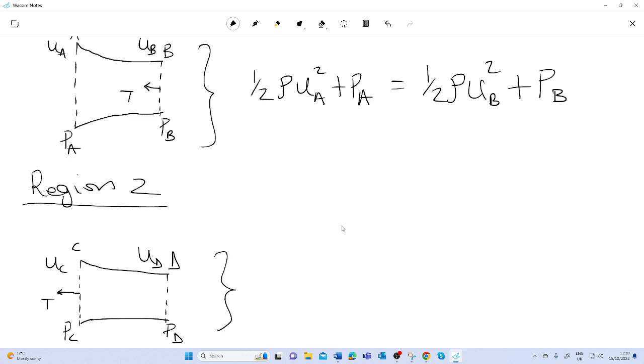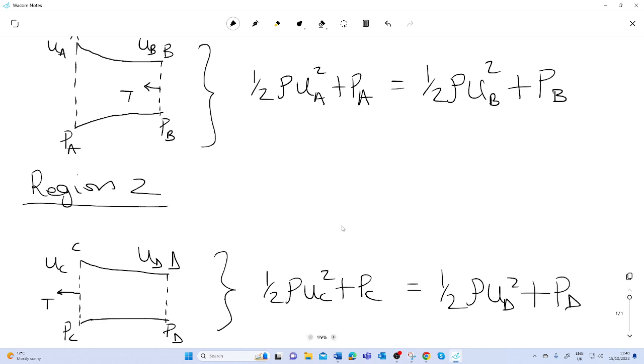Then we can deduce from the schematic using the Bernoulli equation that half rho UC squared plus PC equals half rho UD squared plus PD. Equation 1 and equation 2.